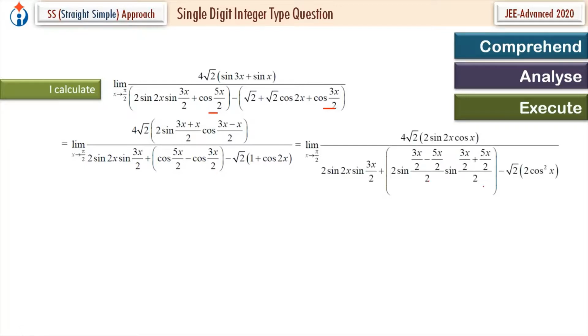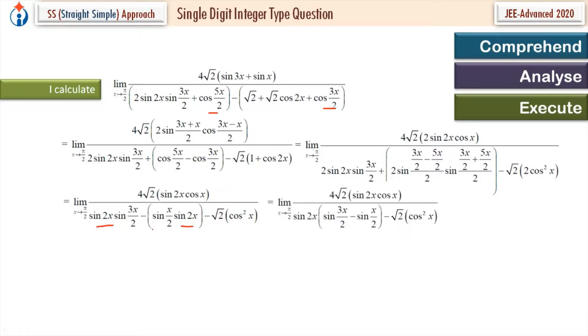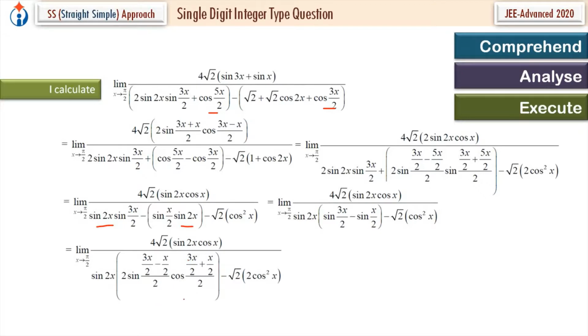So I use these results. I got sin x by 2, sin 2x here. Okay, and I now see sin 2x and sin 2x here. So I take those two common from those two. Sin 2x, again I get sin c minus sin d.